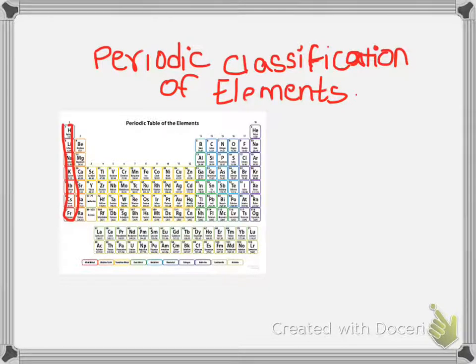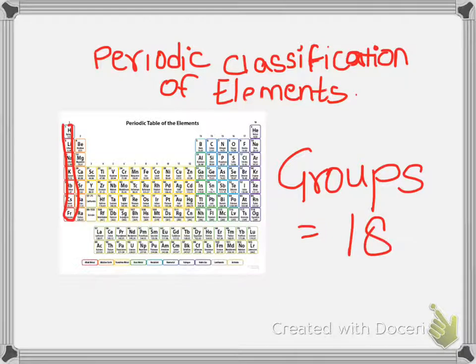These are known as the groups of the periodic table. There are 18 groups in the periodic table: 1, 2, 3, 4, 5, 6, 7, 8, 9, 10, 11, 12, 13, 14, 15, 16, 17 and 18.